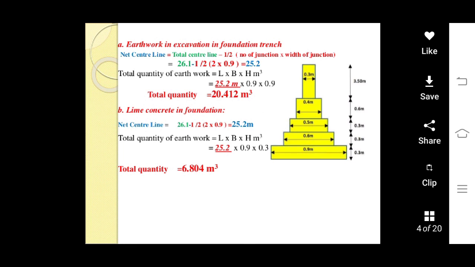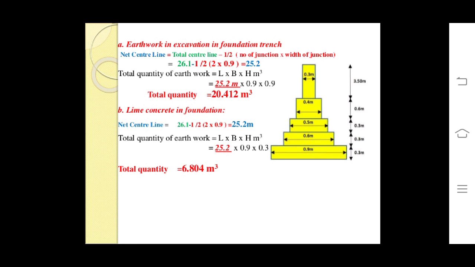The lime concrete in foundation. The net centerline length for concreting of lime in foundation is calculated by 26.1 minus half width of 0.9 twice. The net centerline length is same as for excavation, which is equal to 25.2 meters.